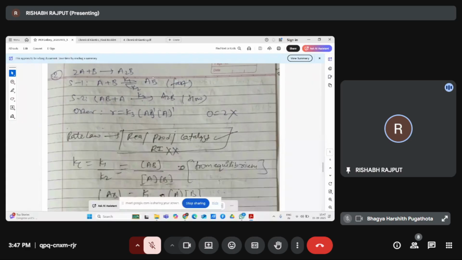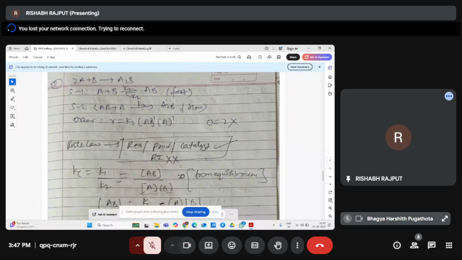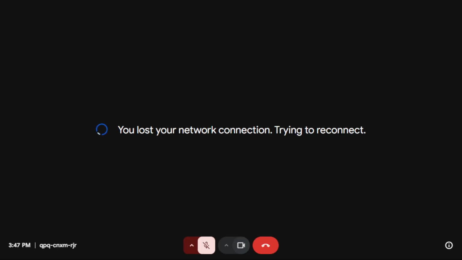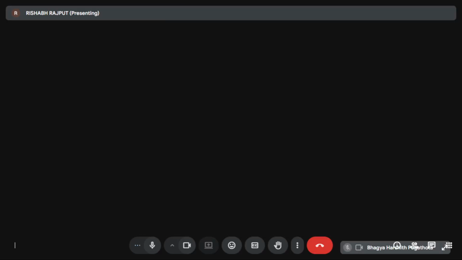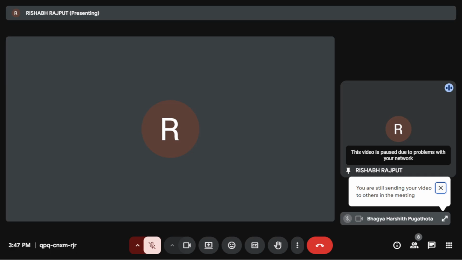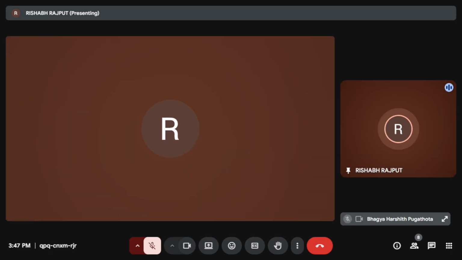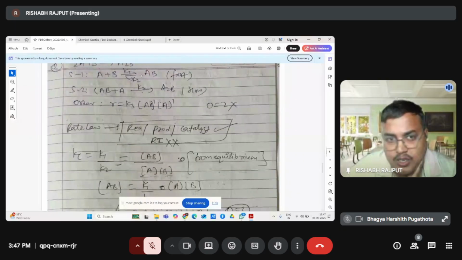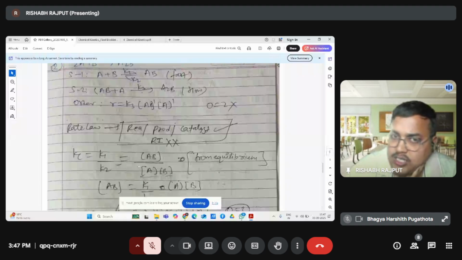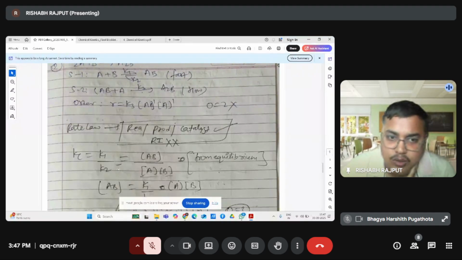Here AB will come on top, and on the bottom will be the concentration of A and the concentration of B, for the first step only. If you study the equilibrium chapter, you can get how to write this expression.